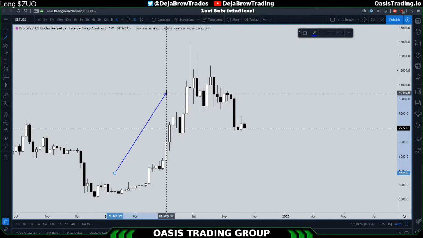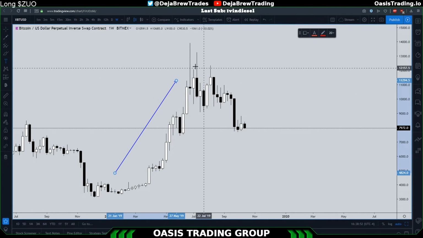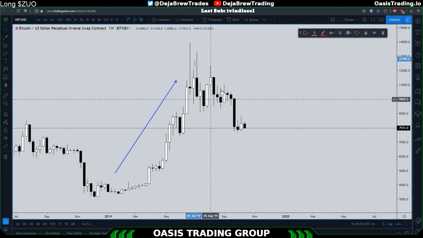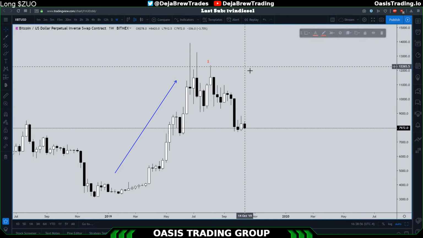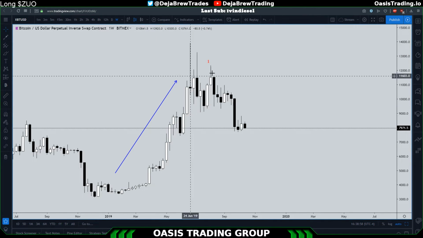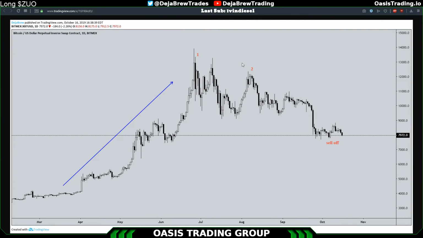We see our impulse move up. We see our first high. We're going to consider this entire thing our first high. So what do we not have yet? We don't have that lower high.